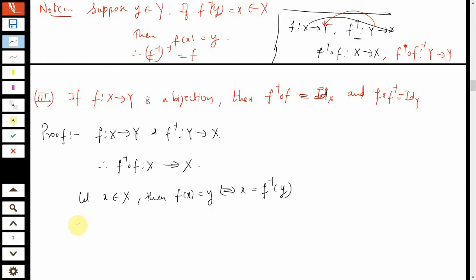So if I see f inverse composite f evaluated at any point x, then I will have f inverse of f of x, which is nothing but f inverse of y, and that's nothing but x. So we see that f inverse of f maps x to x, which is the definition of an identity map, and therefore I can say that f inverse composite f is an identity map over the domain X, right?